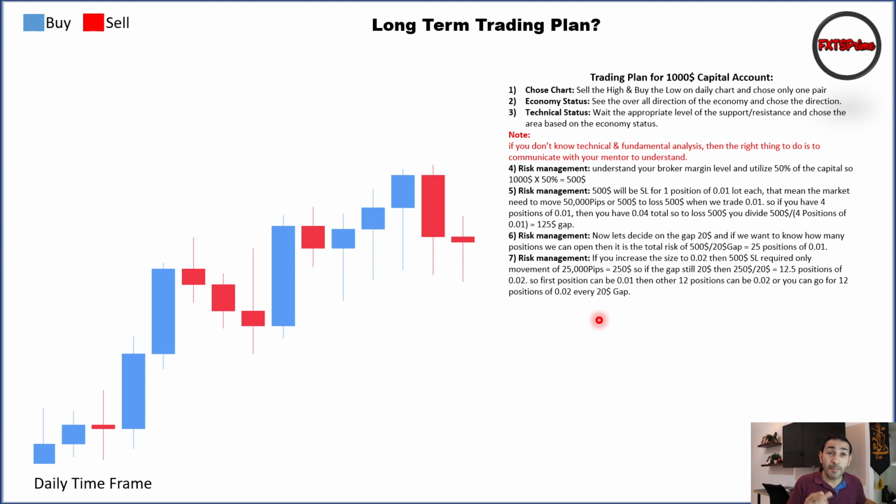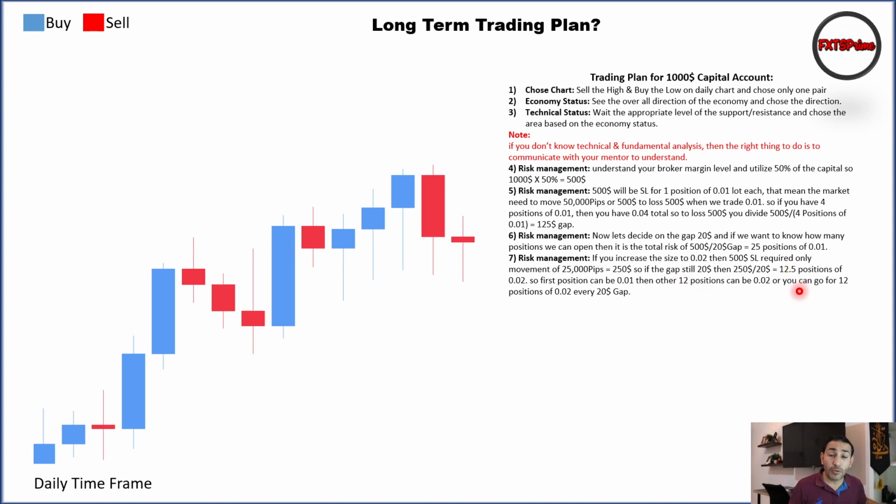So if I remain with a $500 movement, I will be losing $1,000. However, if I want to open 0.02, that means the gap will be $250 movement. So that is the way I'm going to trade.